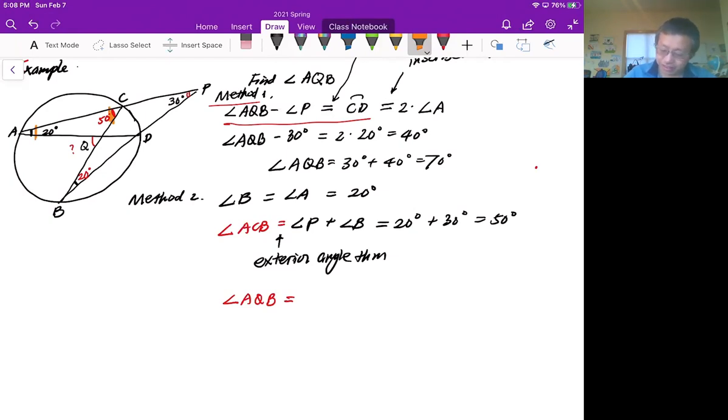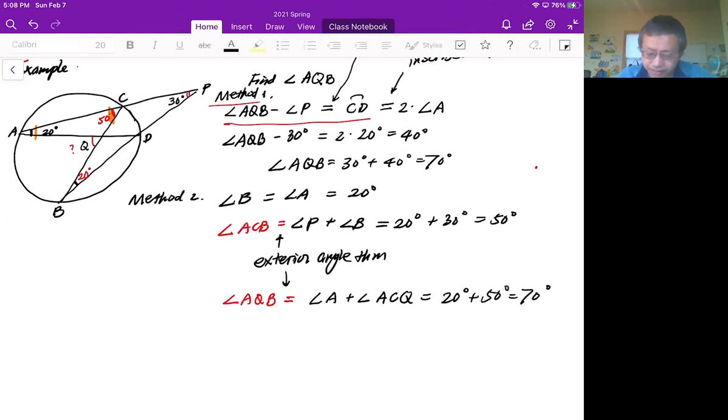So AQB is angle A plus angle ACQ. Angle A is 20, angle ACQ is 50, as we just mentioned. So the sum is equal to 70. So that's still fine. You have two different ways to prove this.